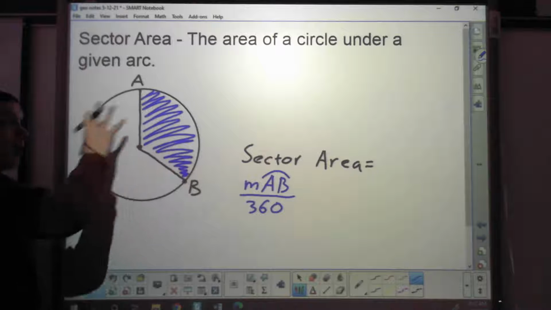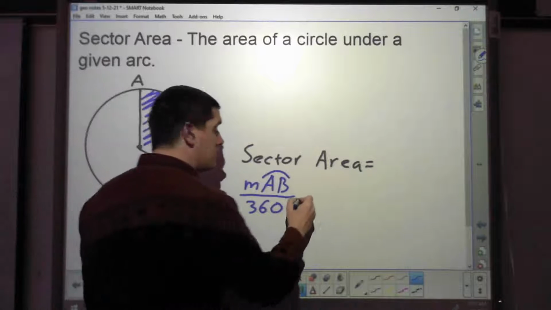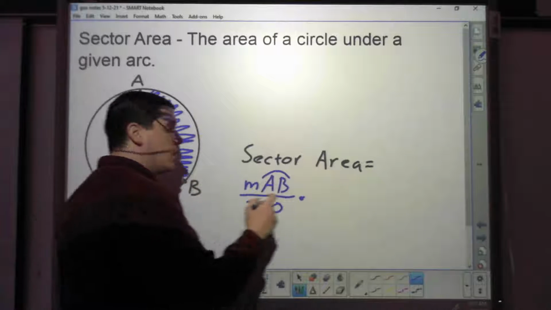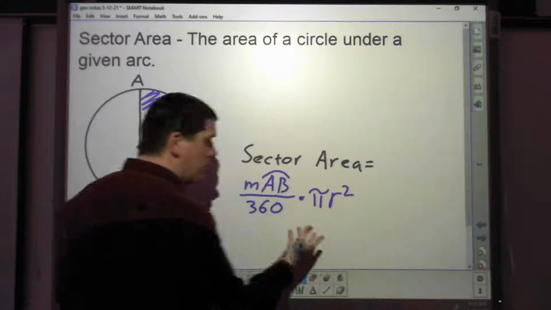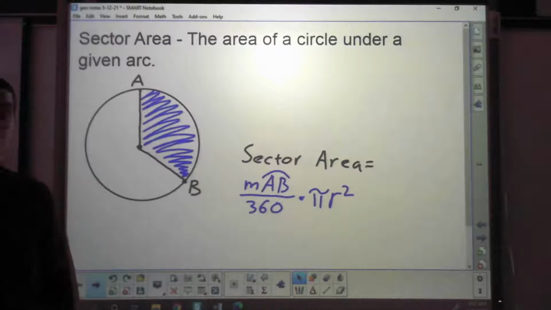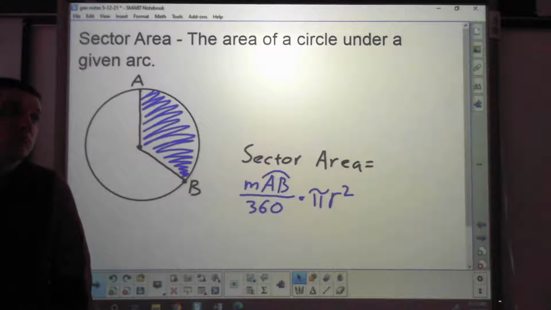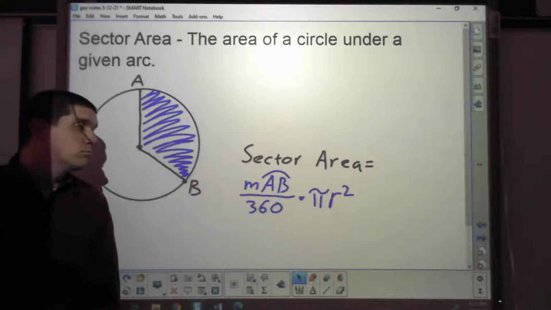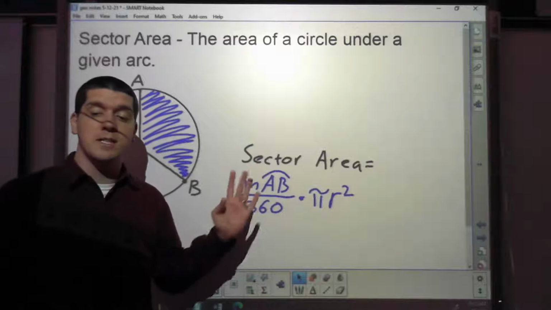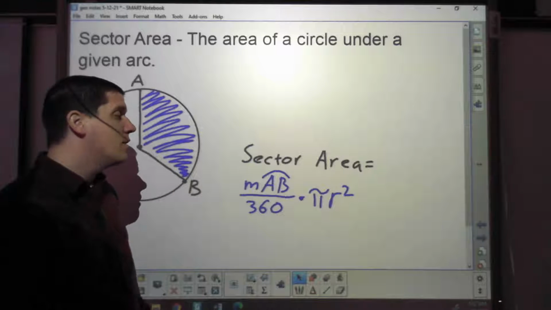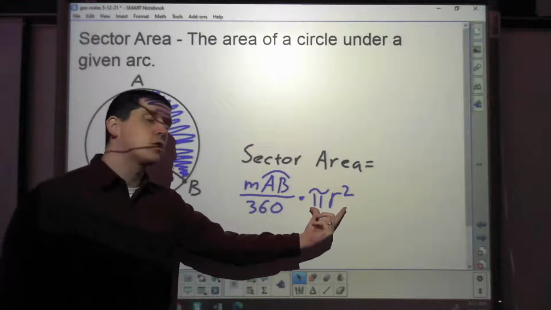So that tells me how much of the circle I'm looking at, and then if I want that sector area, I'm just going to multiply by the area formula. Percentage times area. Again, I know this looks very similar to the formula that we did yesterday. The main thing, like I said, is that now we're talking about area.